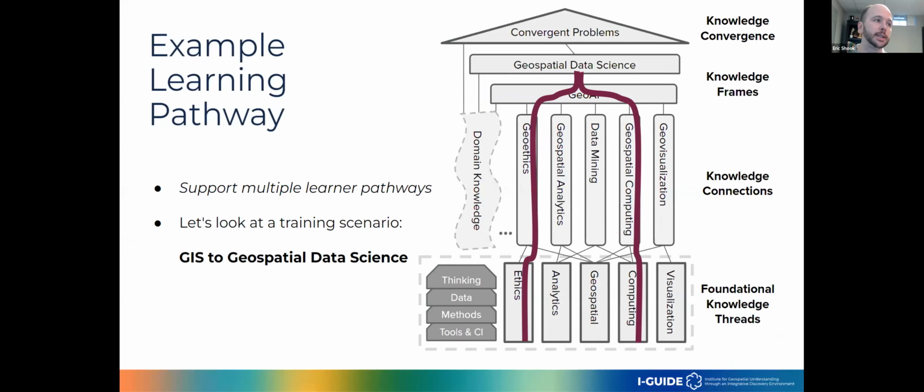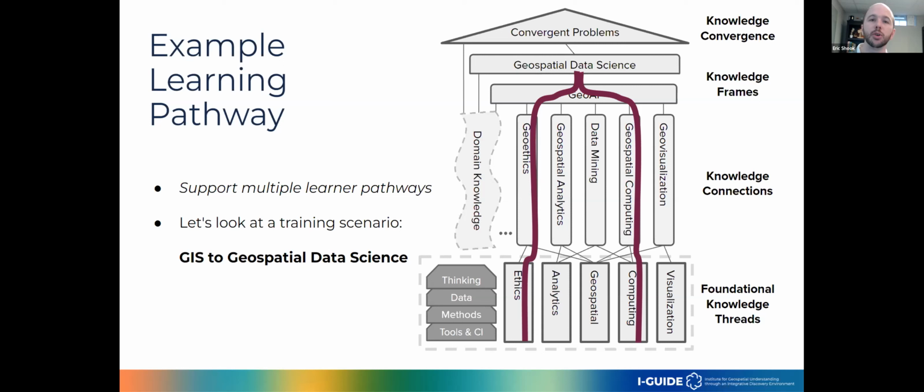What is a good example learning pathway? This is an active question that we tend to get when we're listening to our communities of practice. One that we're going to be demoing at AAG is a geographer or a GI scientist trying to learn the basics of geospatial data science, in a workshop setting where maybe you have a half-day training.